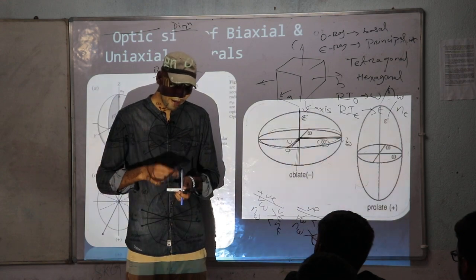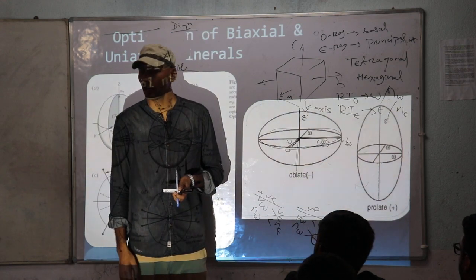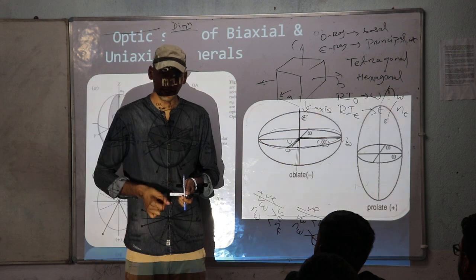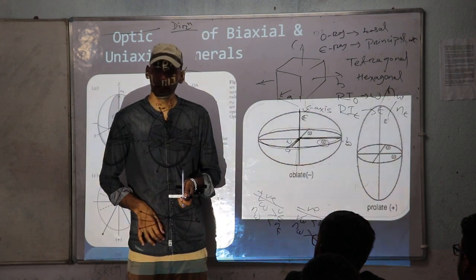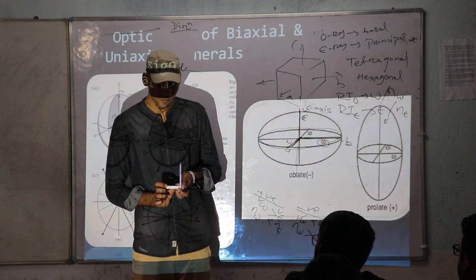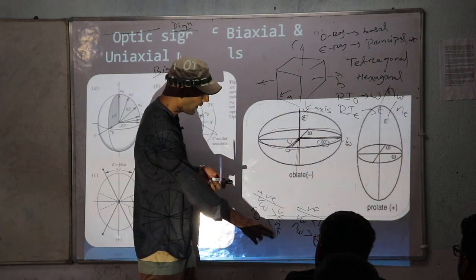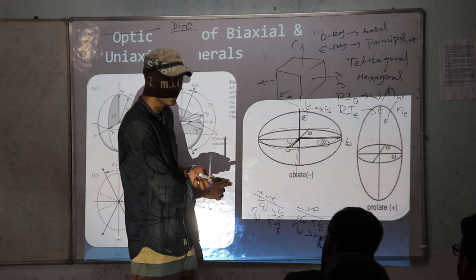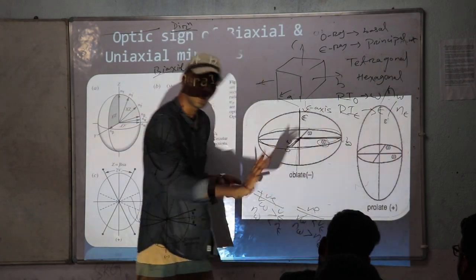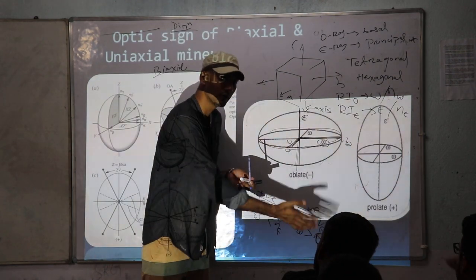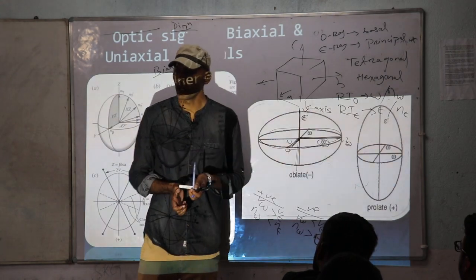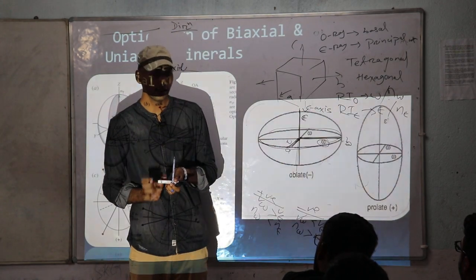So if I am taking the refractive index of the E ray in this axis, this is unequal. This is omega, this is epsilon. Either n epsilon will be greater when it is positive, or smaller for negative. In any case, both of them are unequal. Epsilon is unequal to omega.